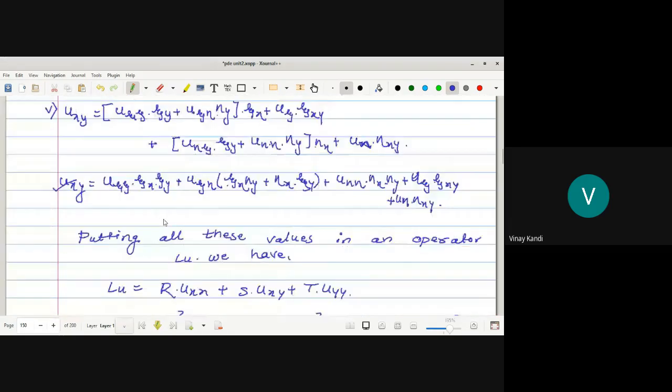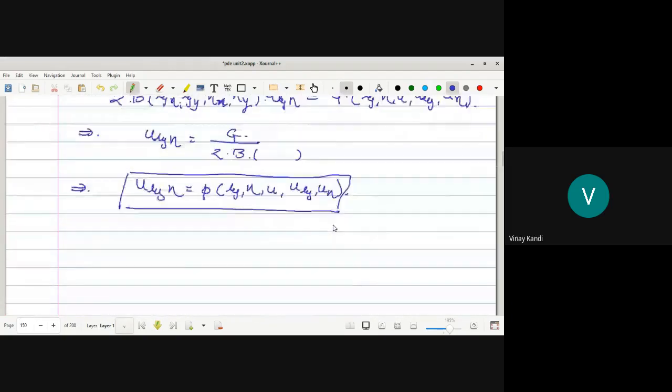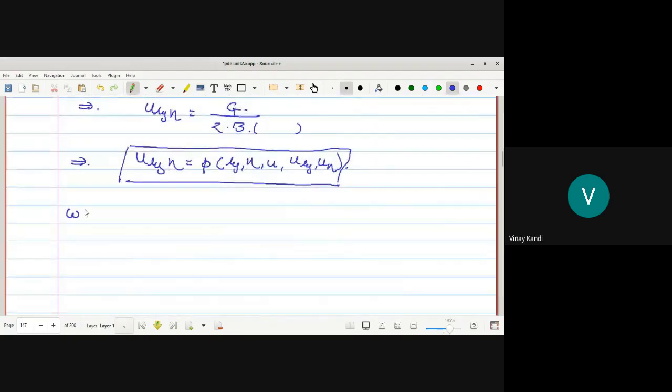So which is the simplest possible form of second order partial differential equation?